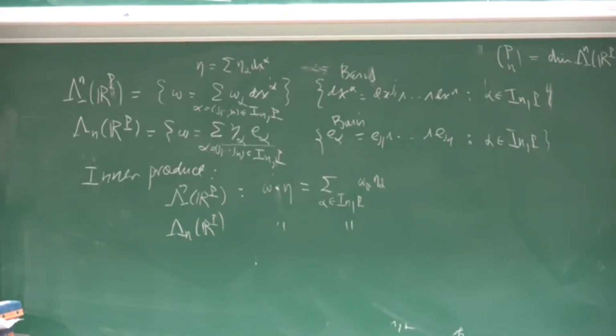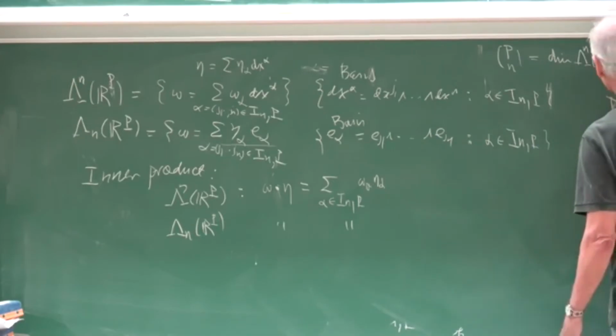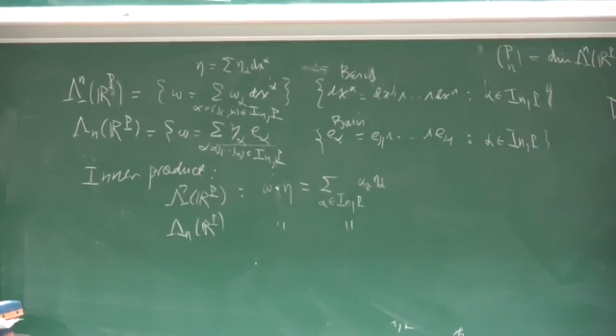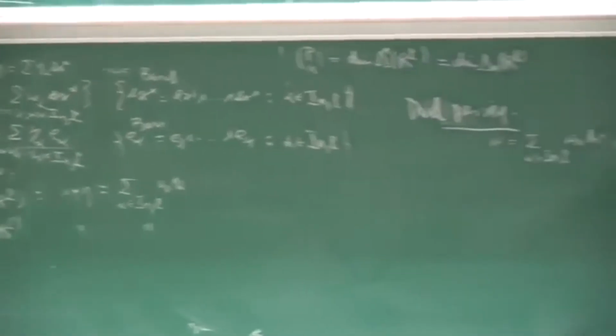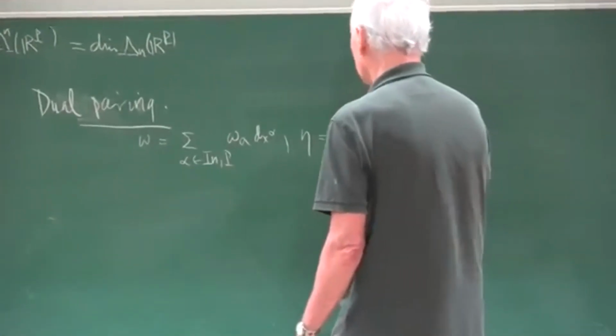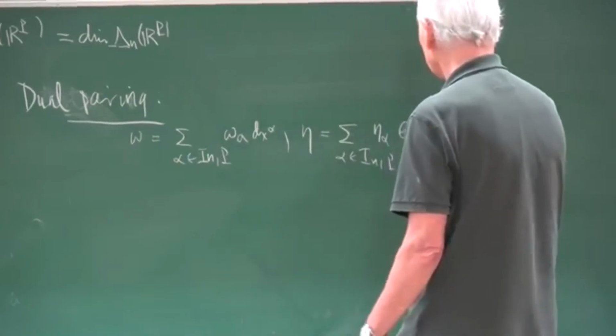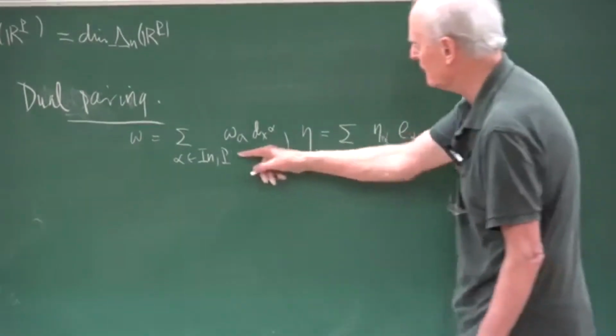And there's also a dual pairing between lambda superscript n and lambda subscript n. Dual pairing. If you take omega equals sum over alpha in INP of omega alpha dx alpha, and eta equals sum over alpha in INP of eta alpha E alpha, so these are n vectors, these are covectors.